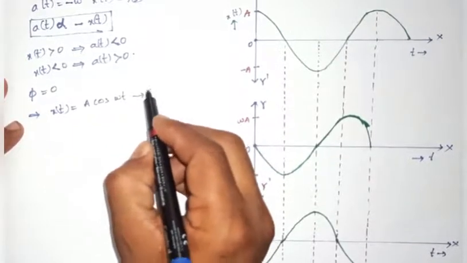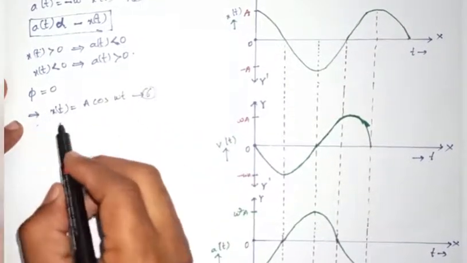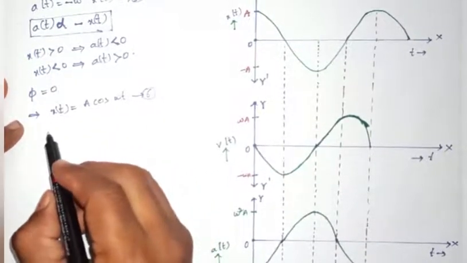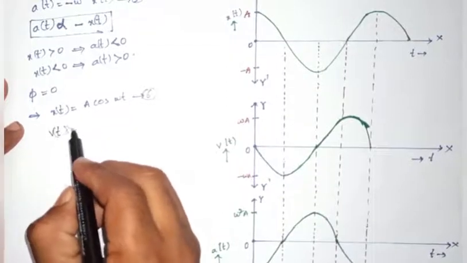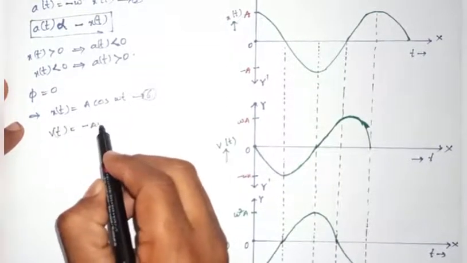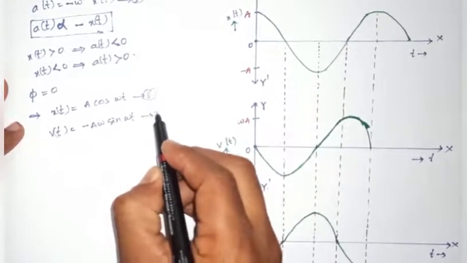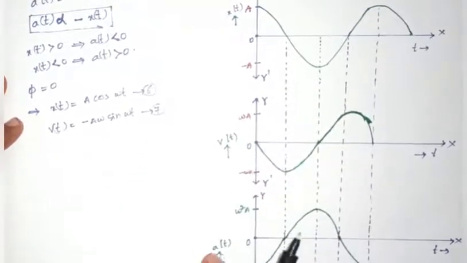So this is equation number 6, with phi equals 0. Equation number 3 becomes v of t equals minus a omega sin omega t. This is equation number 7.